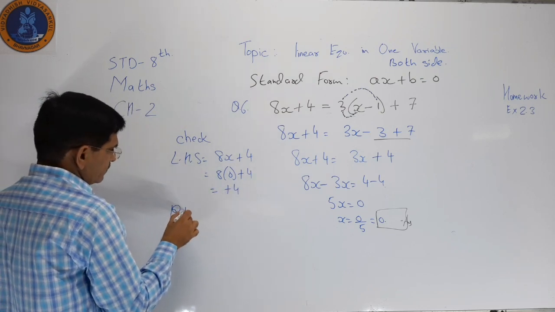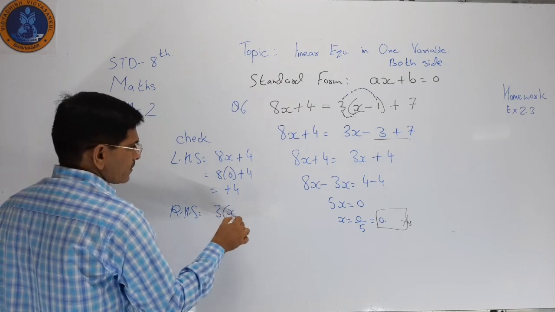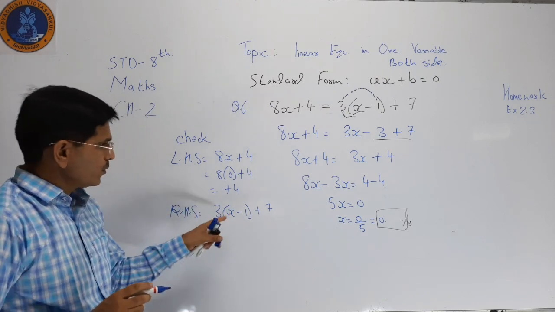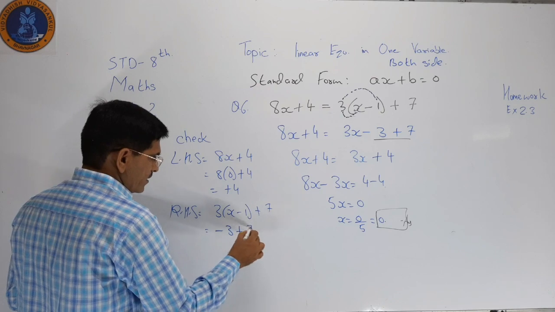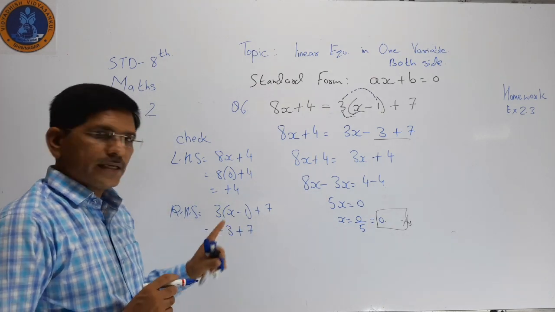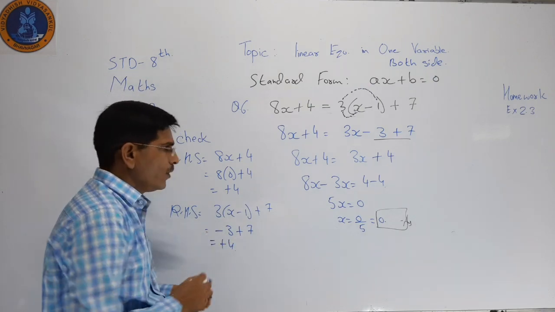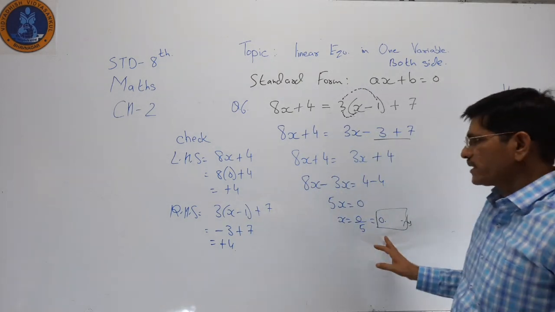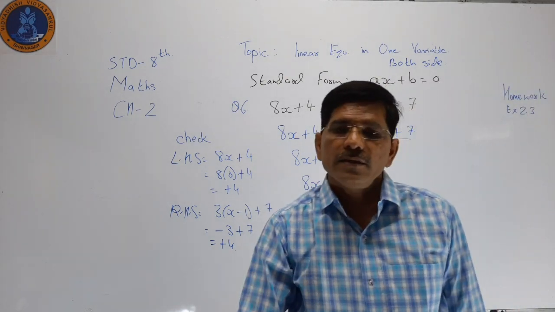Right hand side is 3 bracket x minus 1 plus 7. So 0 minus 1 is minus 1, into 3, minus 3 plus 7. So I will get plus 4. So on both sides, left hand side and right hand side, when x is equal to 0 we get the same answer. It means our answer is correct.